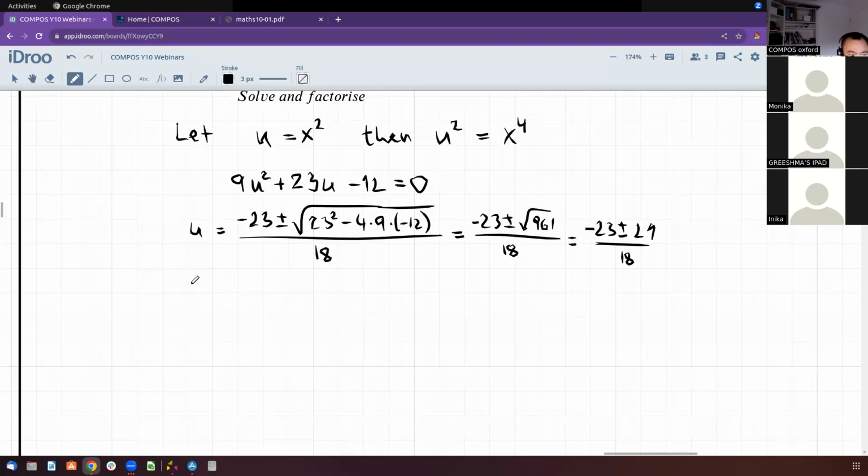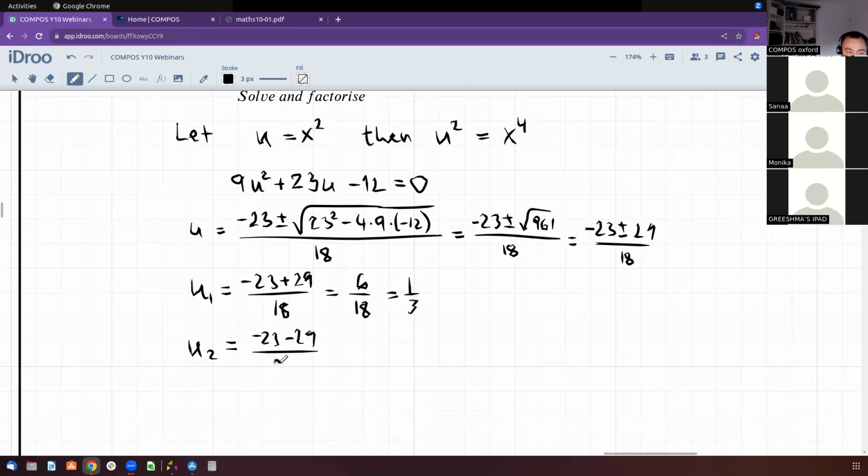Right, so u1 is minus 23 plus 29 divided by 18, which is 6/18, which is a third. And u2, the second solution, is minus 23 minus 29 divided by 18.